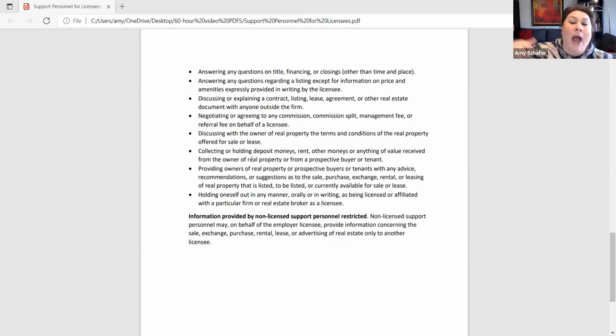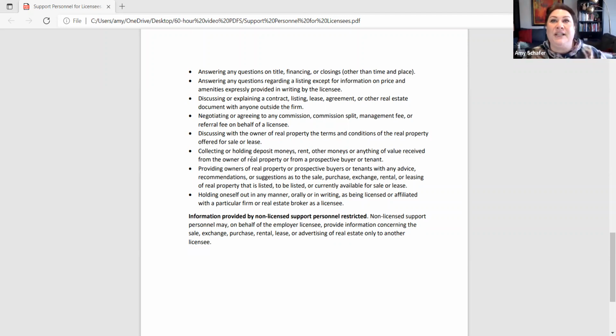So if you hire a third-party accountant, ABC CPAs, to do your accounting work, run your trust account books, and figure commission checks, you cannot have that third party hold that money for you. It must be in your trust account as a broker, or you've got to authorize them to have their own trust account that they run.